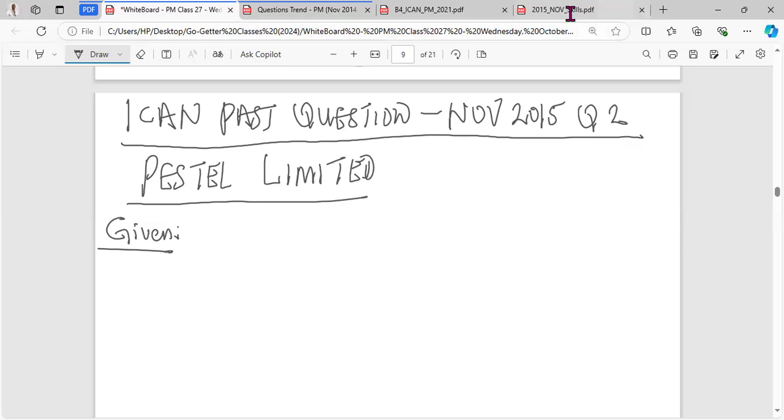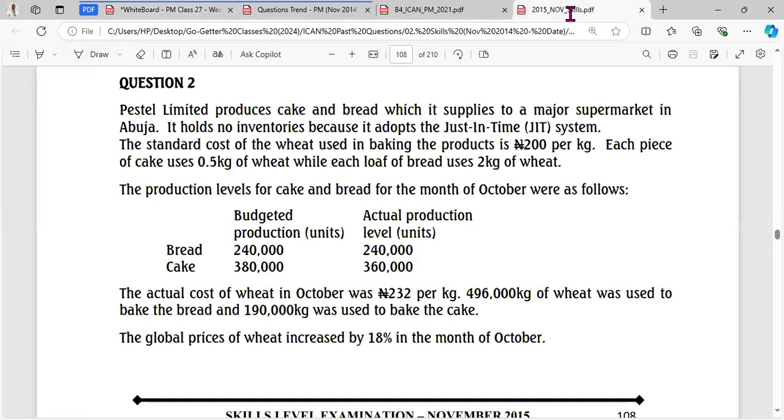Pestel Limited produces cake and bread, which it supplies to major supermarkets in Abuja. It holds no inventories because it adopts the just-in-time system. The standard cost of wheat used for making the products, so wheat is used in making bread and in making cake, is 200 naira per kg.